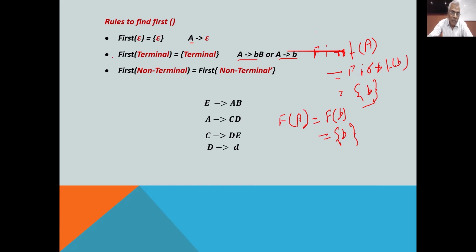So this second rule may be in the form of this one, and it may also be in this form. So we find the first of any terminal equal to the same terminal. And there is a third rule.